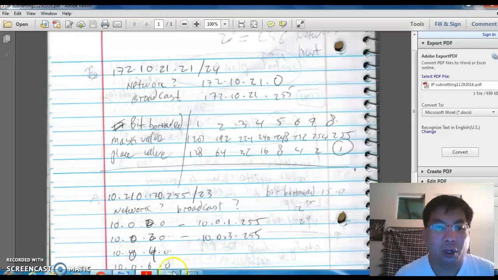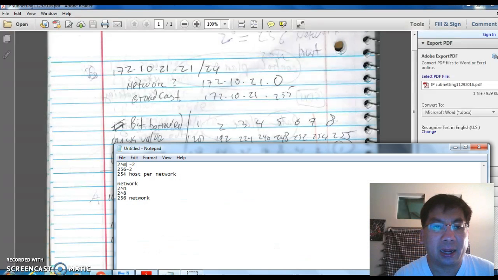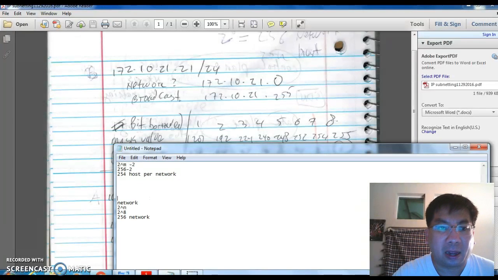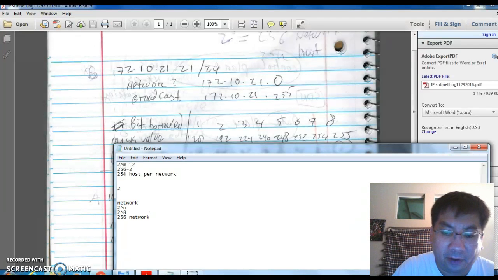2 to the power of 9. Here, 2 to the power of the remaining bits, which is 9, okay, minus 2.